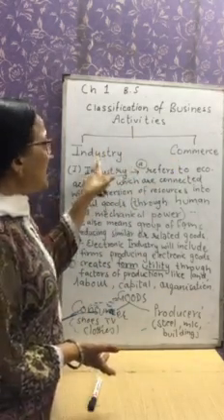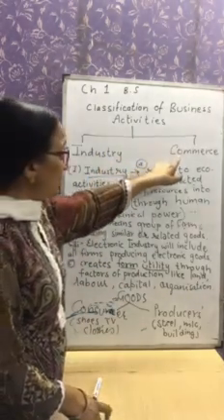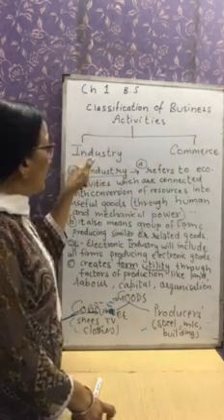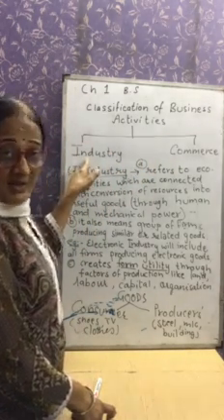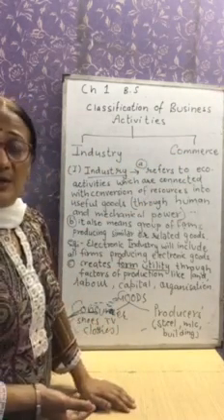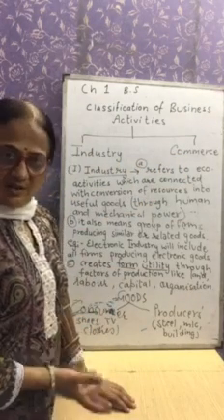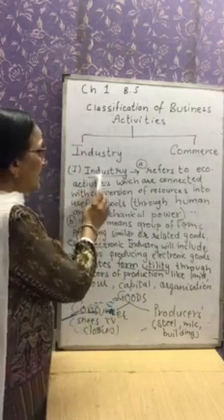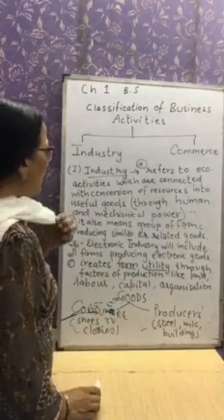Commerce aids industry, means commerce includes exchange of goods and services which are produced at the industrial level, and it also includes services which facilitates trade, correct? So now we are going to understand industries basically in detail.